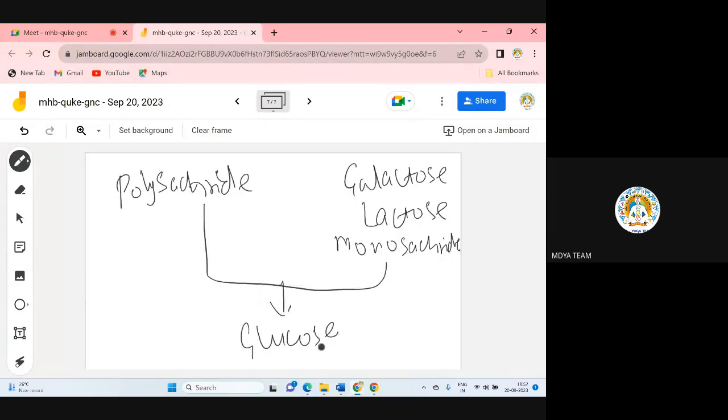Then only our body can use that carbohydrate. So this is also known as blood sugar, because in our blood only glucose can be used, and most of the blood only contains glucose. Although galactose and other monosaccharides are present, those are being converted into glucose.